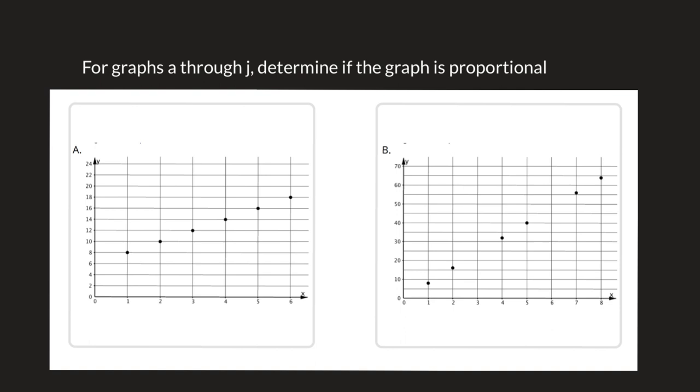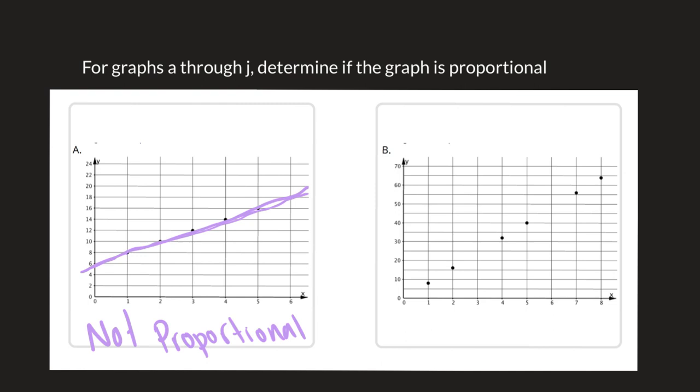For the graphs to be proportional, they have to go through 0, 0 and be a straight line. So this graph does not go through 0, 0. Not proportional, because it has to go through 0, 0.